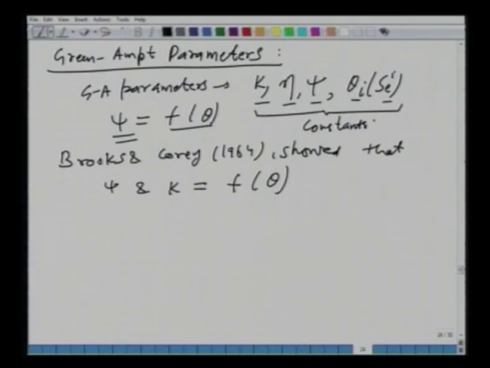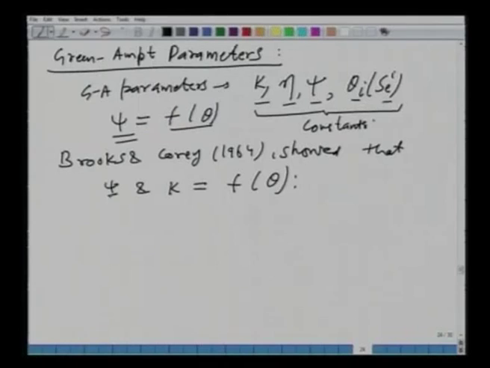And they gave an equation which will be used for calculating their values as a function of time or as a function of theta, psi as well as k. I am running out of time today. So, we will come back and look at these Green-Ampt parameters and the equation given by Brooks and Corey, how we can represent these two parameters as a function of theta.